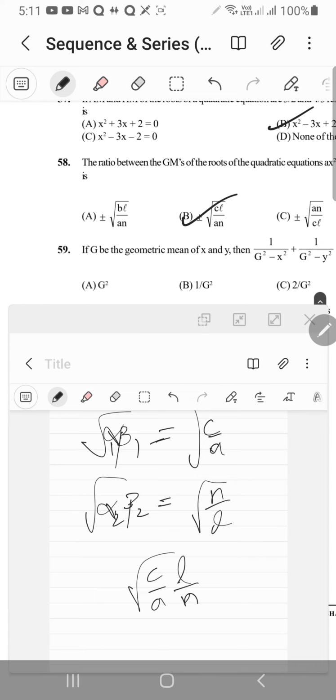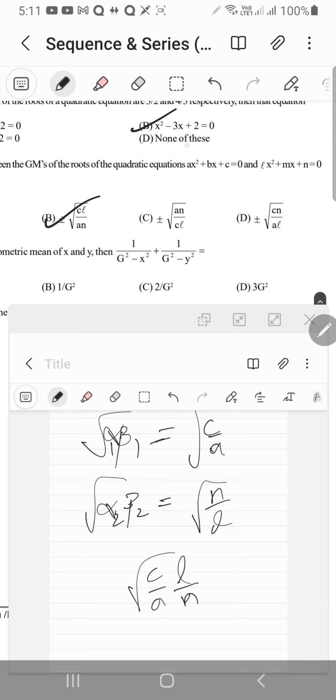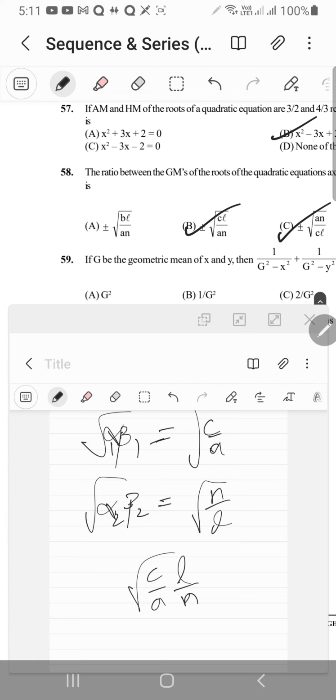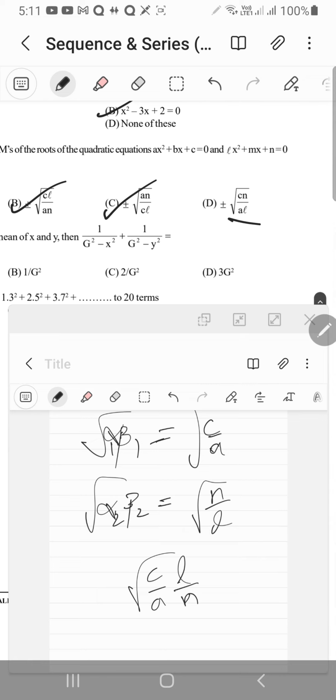Cool. Or the reciprocal of that, so AN upon CL. Yes. There's also B and stuff over there, which we don't really care about.